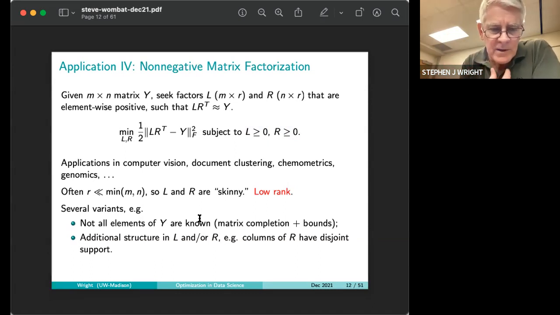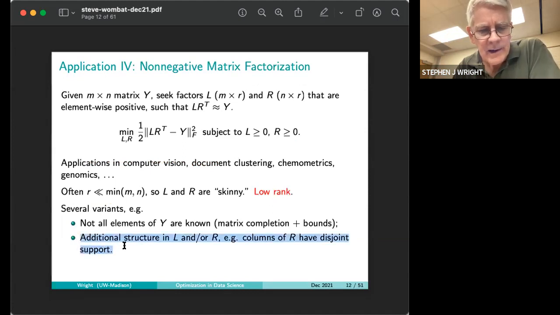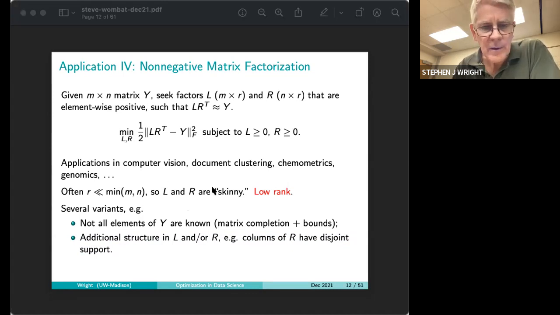And again, it wasn't really understood until recently why that works well. I think there's now some sort of theoretical understanding of why that's the case. And there are a lot of variations of this problem. I came across one in genomics, I guess last year, where the columns of L had disjoint support in this genome clustering application. It had this additional property apart from this non-negativity property.